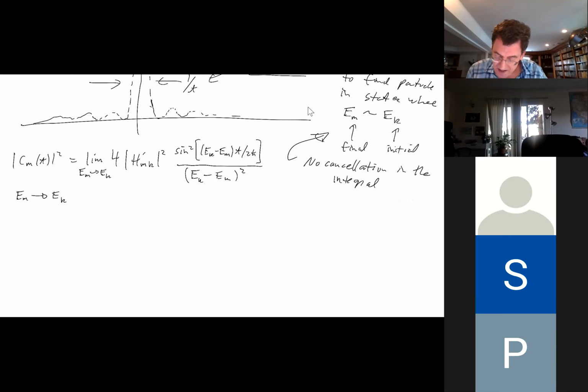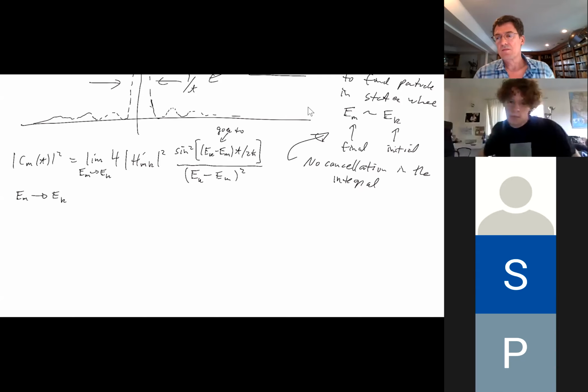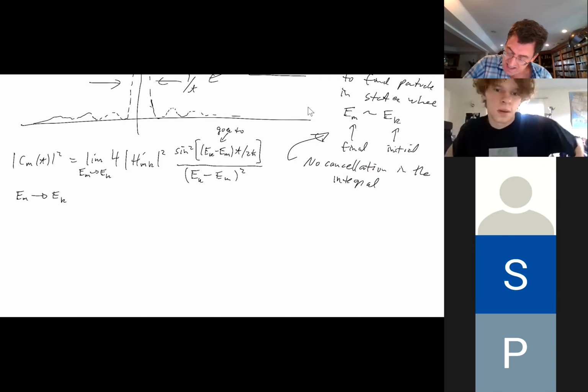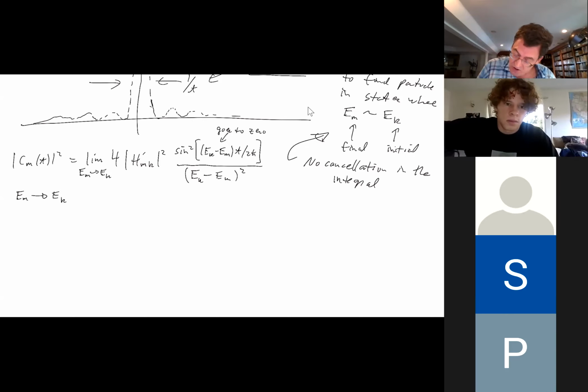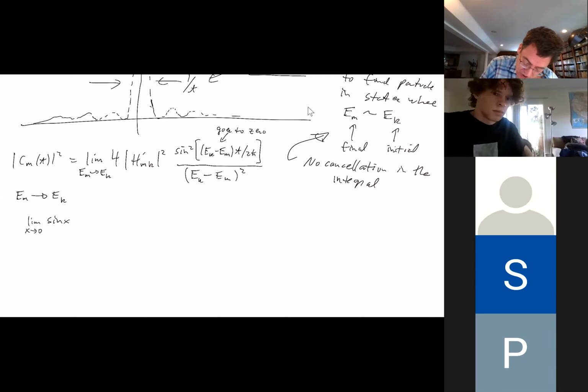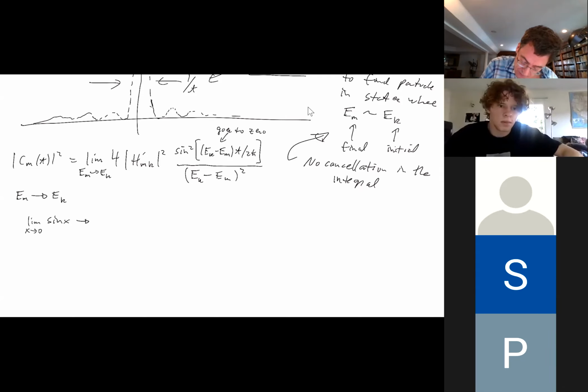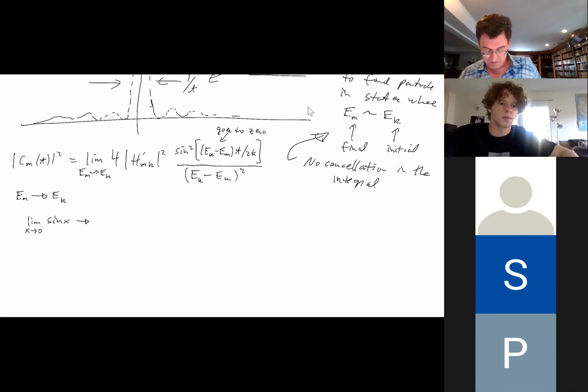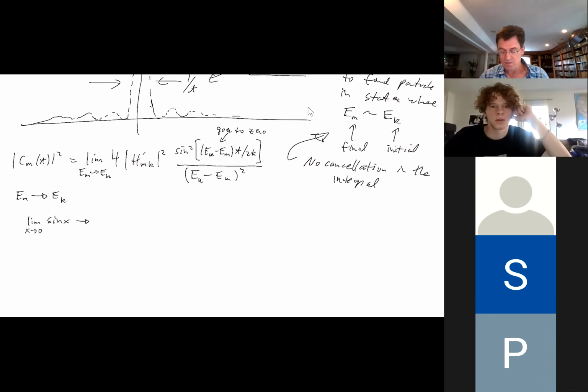And so in that limit, we can see that this part goes to what? It goes to 0, it goes small. Exactly. And so we all know that the limit as sine x, for x goes to 0, sine x becomes what?